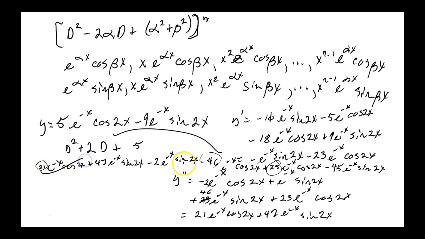So sure enough, these add to 0. Now let's look at your sines. You have a 47 here, minus 2. That would be 45, and here you have a minus 45. So sure enough, those add to 0 too. So the differential operator that annihilates those is indeed D squared plus 2D plus 5.